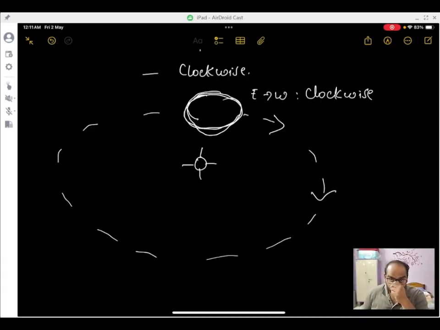Not only revolution, Earth rotates on its own axis also. While rotating on its own axis, it revolves around the sun. Due to this revolution, different parts of the Earth come under the influence of the sun, and certain parts of the Earth go out of focus of the sun.